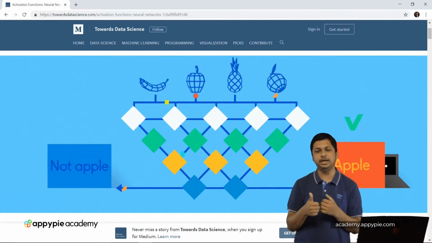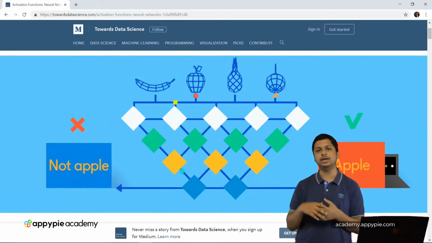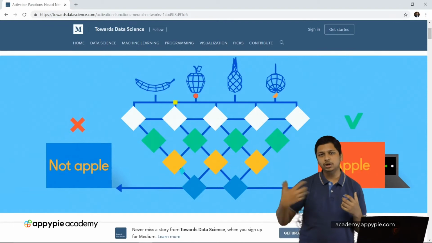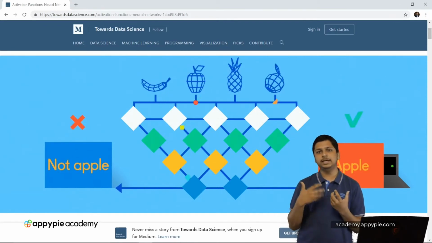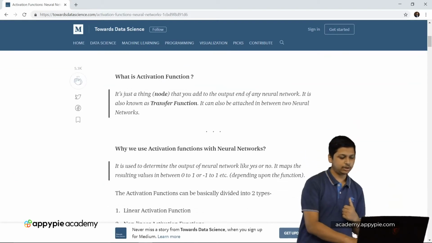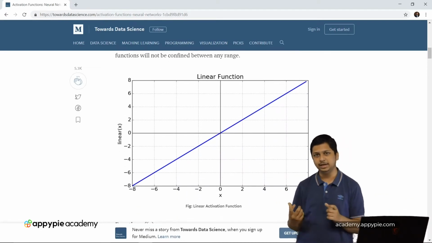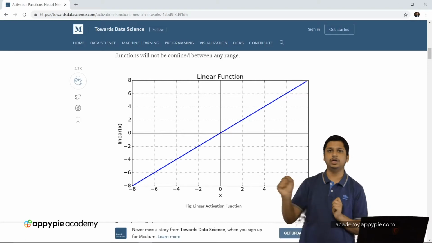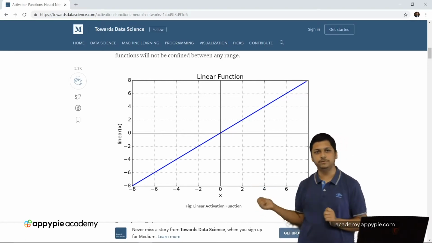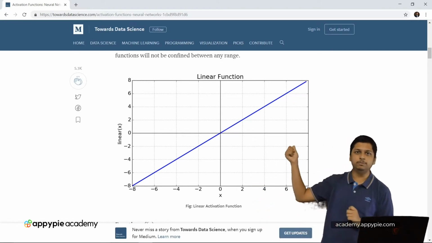Now we are looking at two fundamental types of activation functions. The first one is a linear activation function, and the second one is a non-linear or exponential activation function. Linear activation functions are basically simple: for every input value, which you can see over here, there is a corresponding output value.